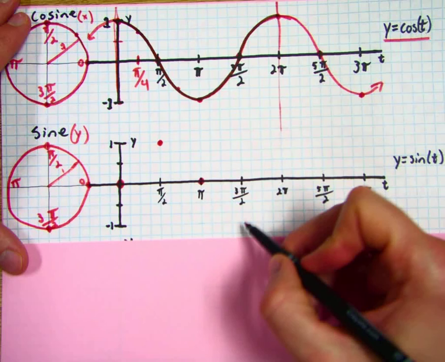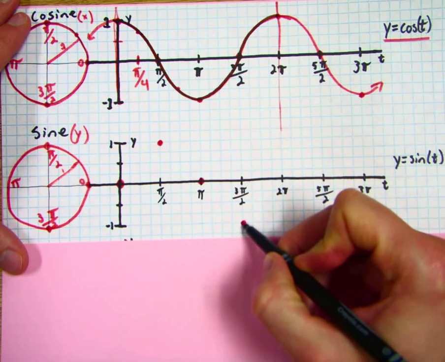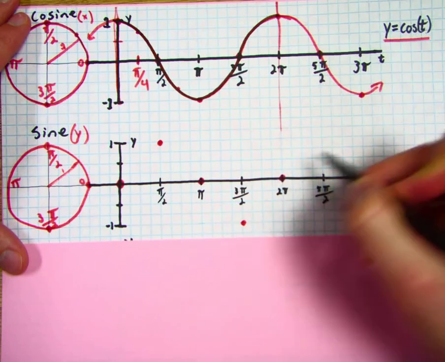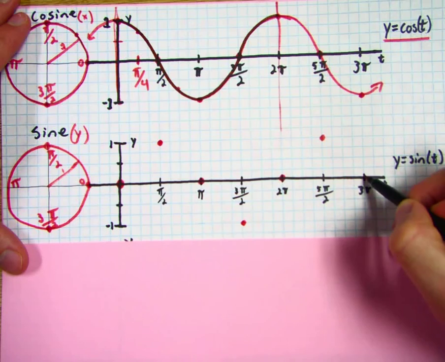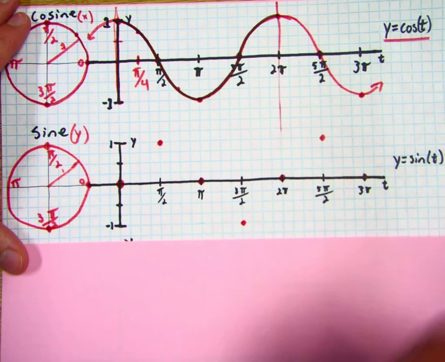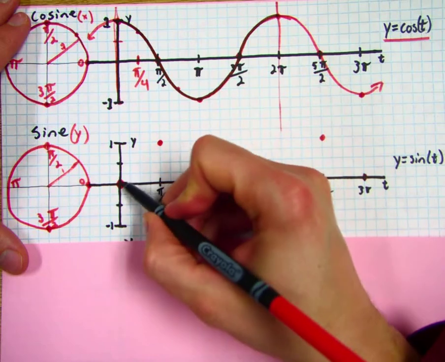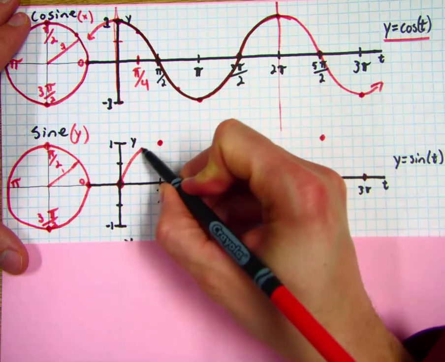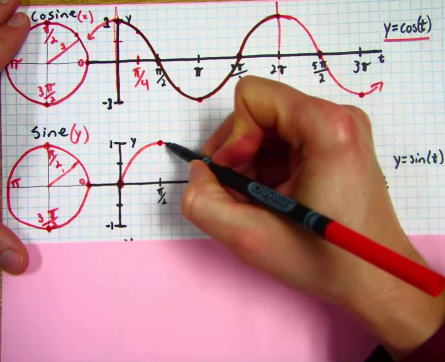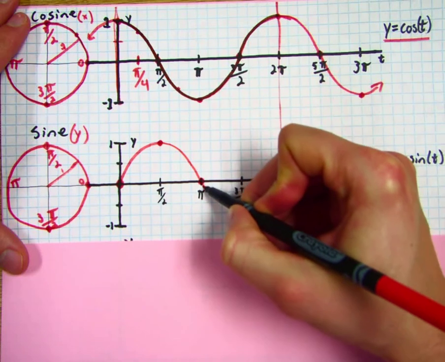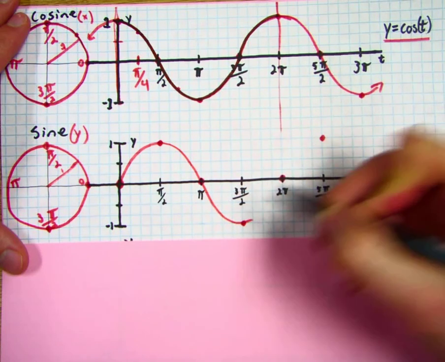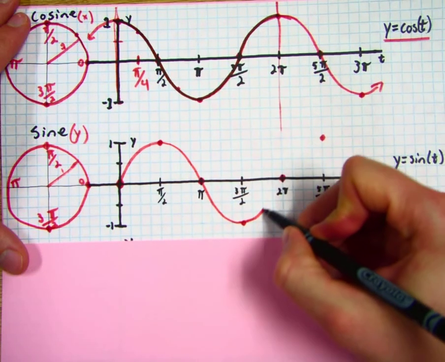Down here I have a y-coordinate of -1. Back to 0, back to +1, back to 0. This is going to look very, very similar to the graph of cosine. Some of you may even notice that it really just looks like a horizontal shift of cosine, and it is.